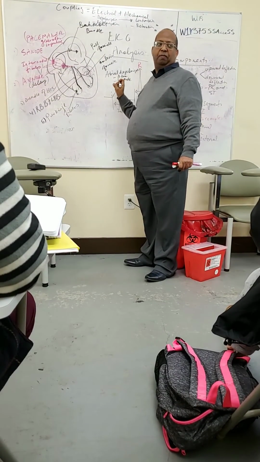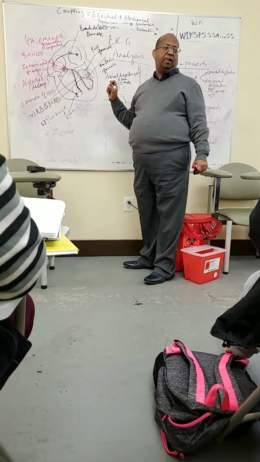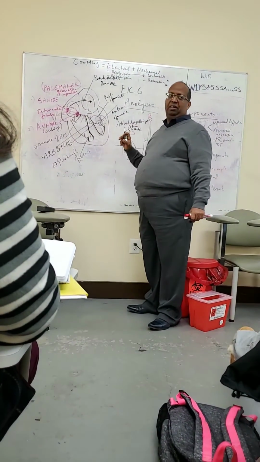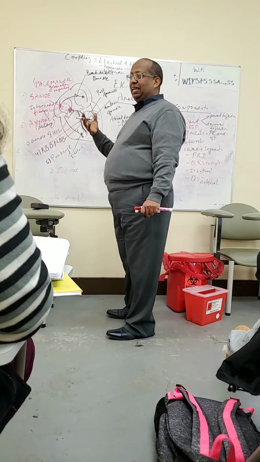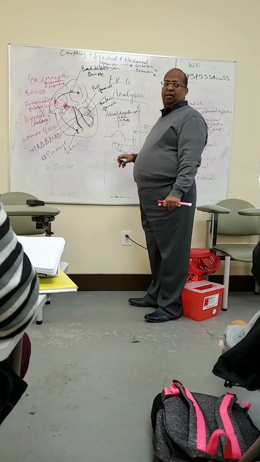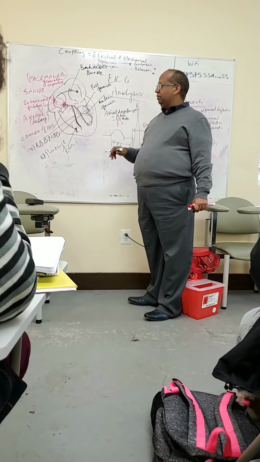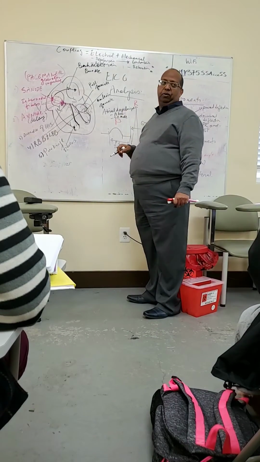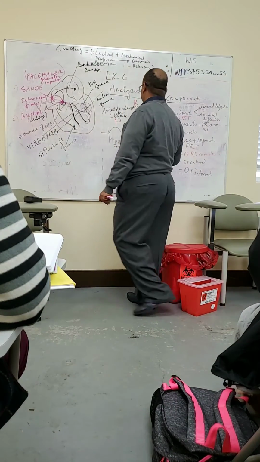So atrial means atrial depolarization. When the atria gets the impulse and depolarizes, then I get the P wave. This P wave shows me atria and SA node.